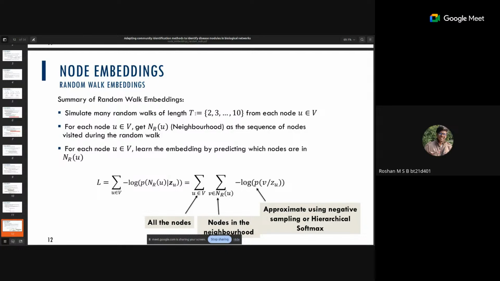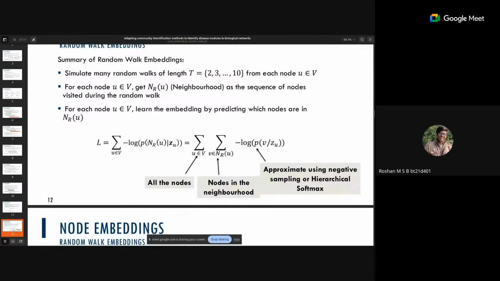You should determine the best walk length and how many random walks to do for each node based on a downstream task. The downstream task can again be a node classification task, a link prediction task, and so on. Based on the downstream performance, you can change the walk length and the number of random walks.